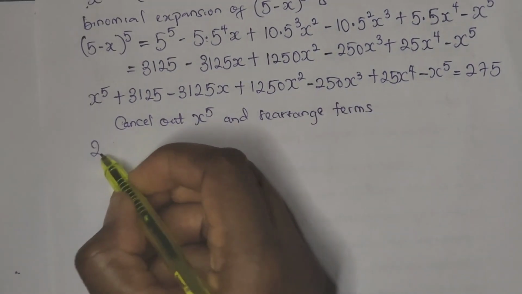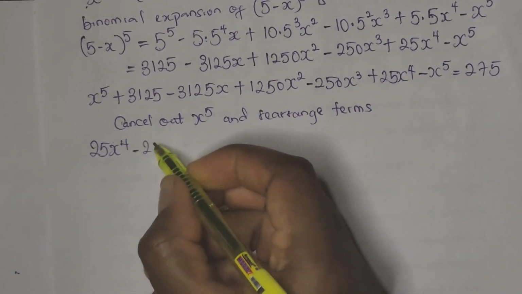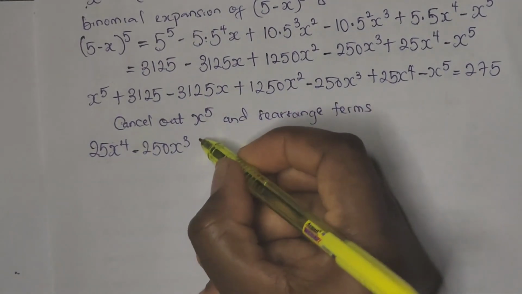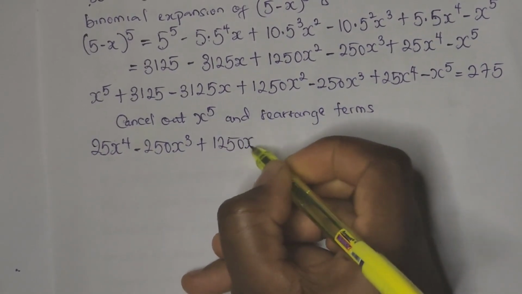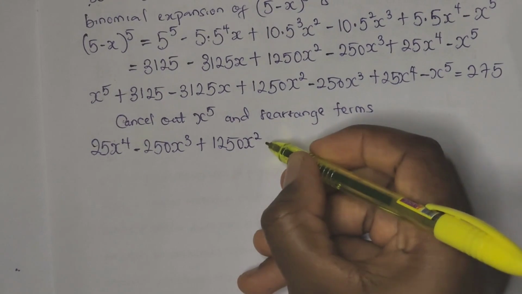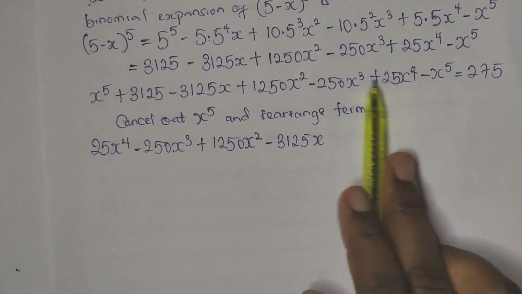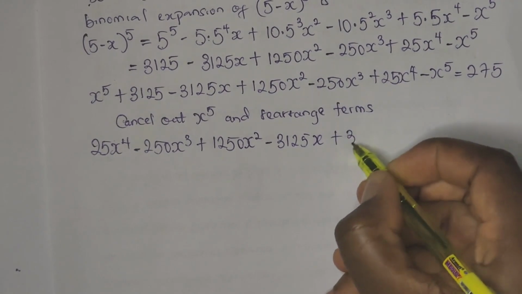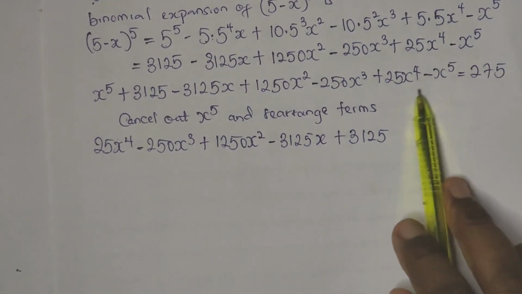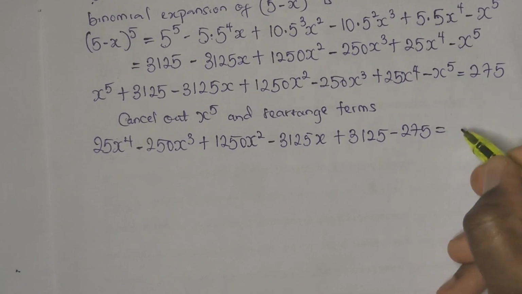So this will give us 25x to the power of 4 minus 250x to the power of 3 plus 1250x squared minus 3125x plus 3125. This 275 crossing over, we have minus 275, all equal to 0.